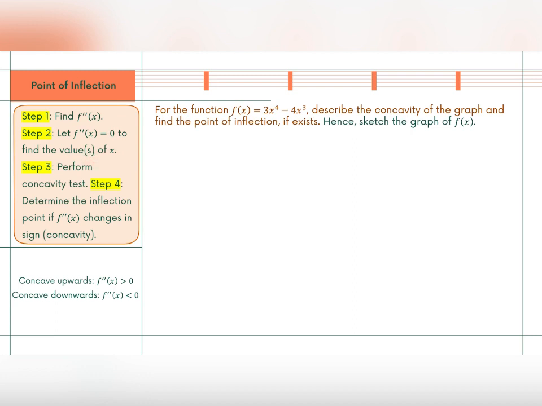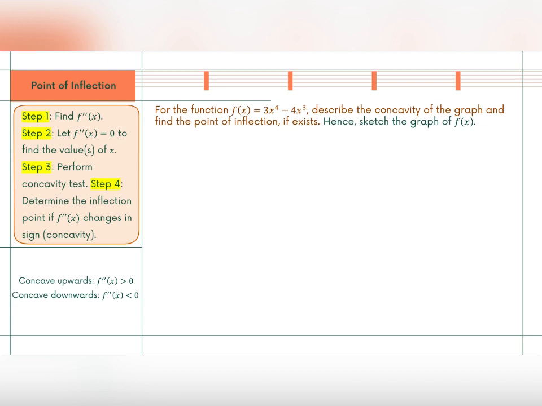Alright, and then kita perform concavity test, and last kali kita akan determine the inflection point if f double prime x changes in sign. So kita akan refer kepada concavity dia lah, betul tak dia bertukar daripada upwards kepada downwards ataupun downwards kepada upwards.